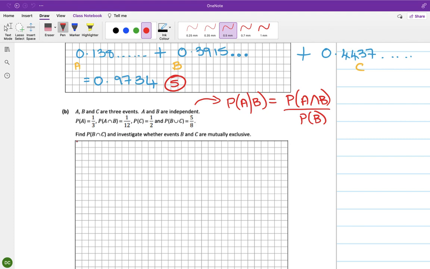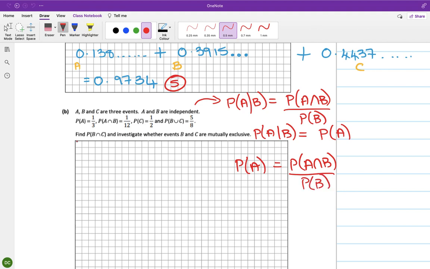So the probability, that's the conditional probability formula. So the probability of A given that B has already occurred is the probability of the intersection over the probability of B. But if they're independent, then the probability of A occurring given that B has already occurred is the same as the probability of A. So the probability of A equals the probability of A intersection B over the probability of B if they're independent.